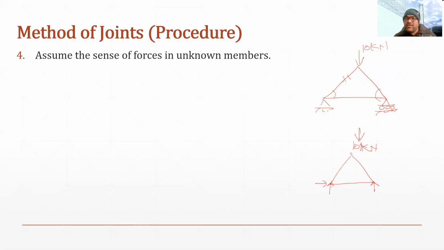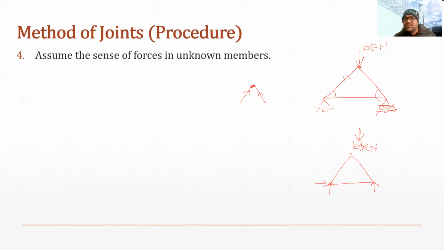For example, if I assume that this inclined member is in compression, then if I consider this joint, I have to show the sense of the force in this member. If I consider this as compression, the arrow will point towards the joint.